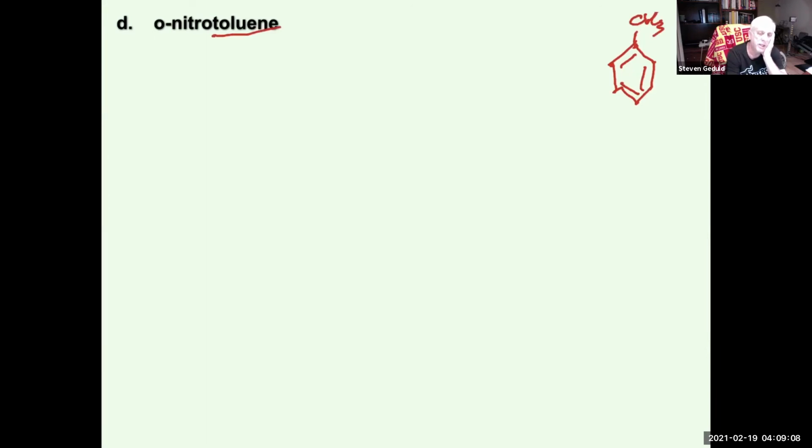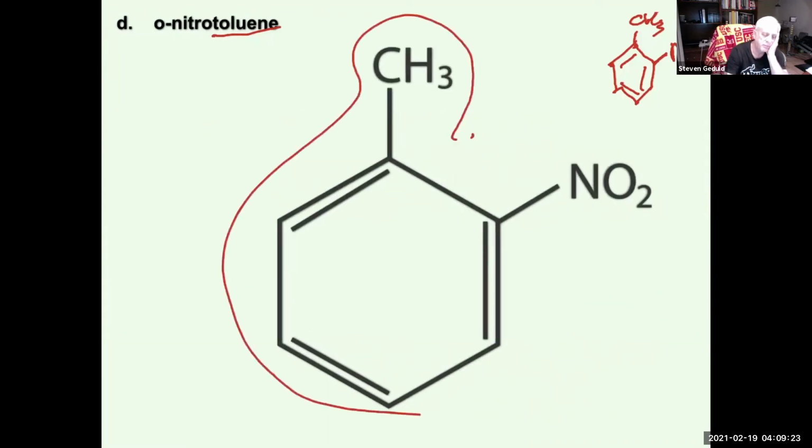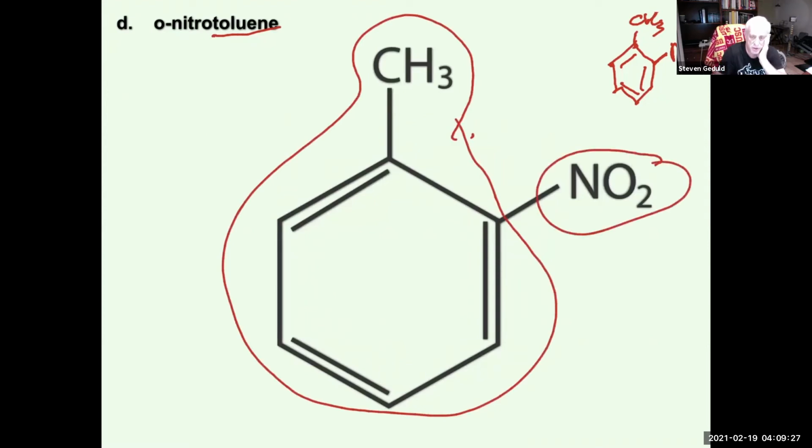Ortho means a 1,2 relationship, so the substituent would be at the number 2 position, and it's a nitro group. So here's toluene, and here's your nitro substituent in the ortho position. Over here would be meta, there would be para, and this is your ortho position.